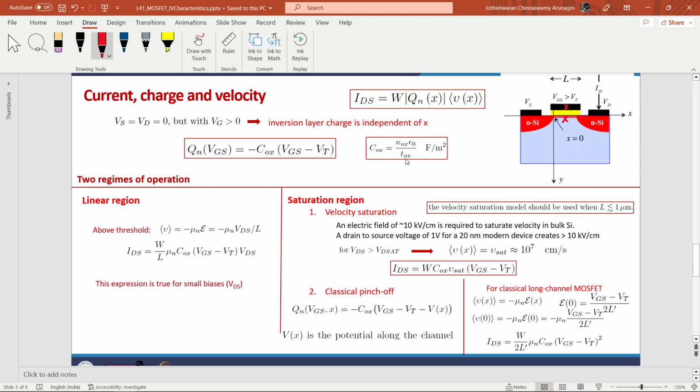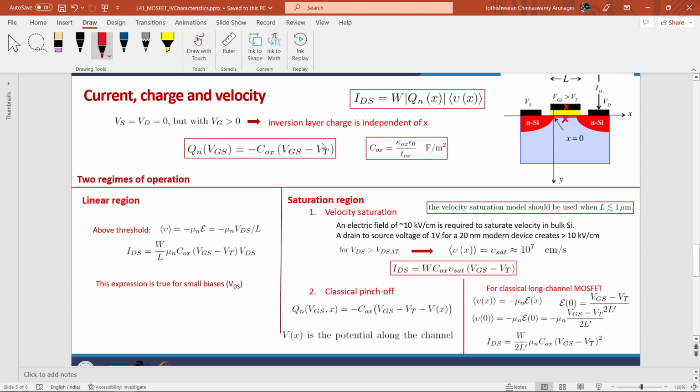It is epsilon naught A upon D. So capacitance per unit area is epsilon by D. T ox is the oxide thickness and epsilon is given by the dielectric constant of the oxide into the permittivity of free space. So this is the capacitance per unit area.